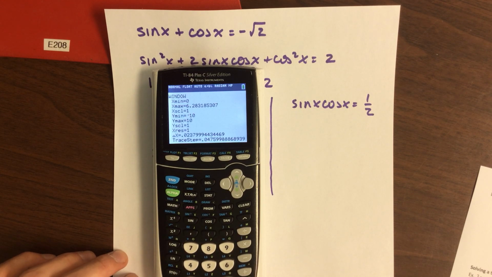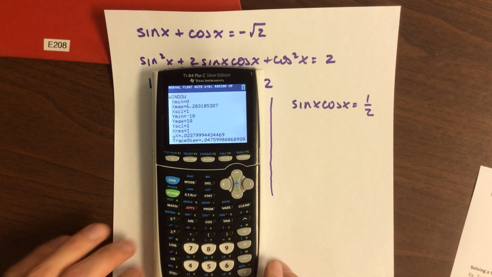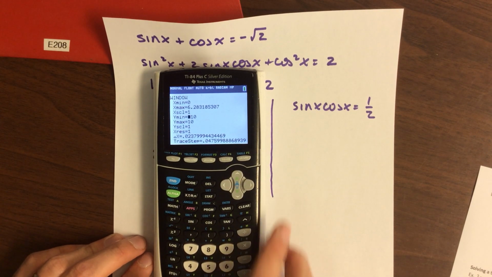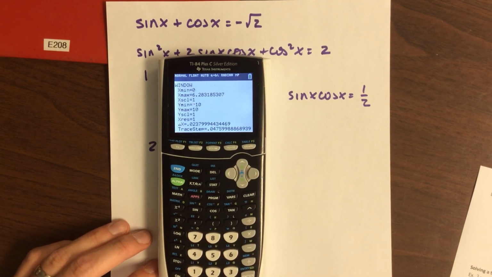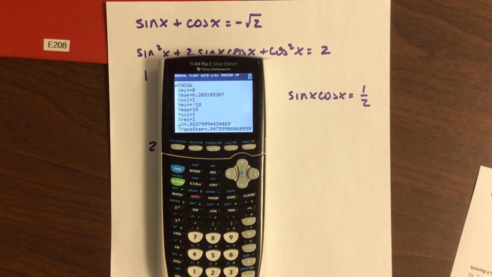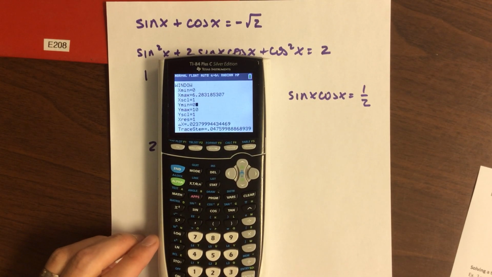If there's a pi, use radians. If there's a little degree bubble, use degrees.